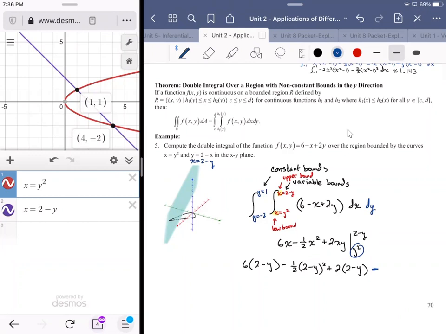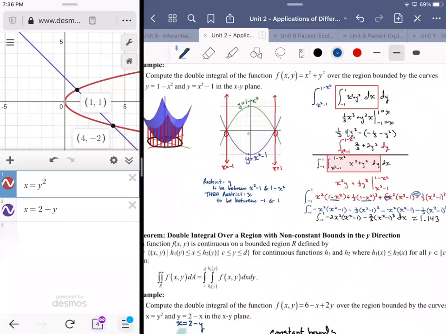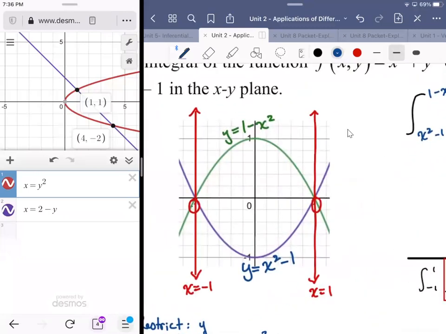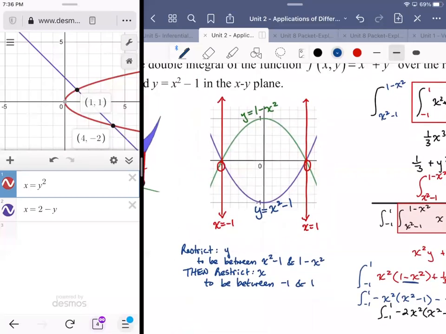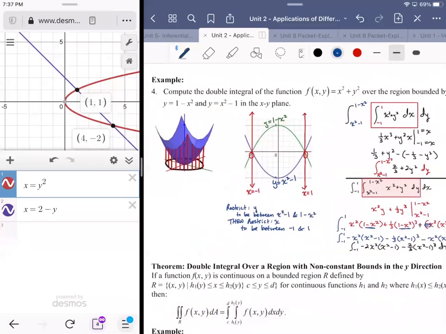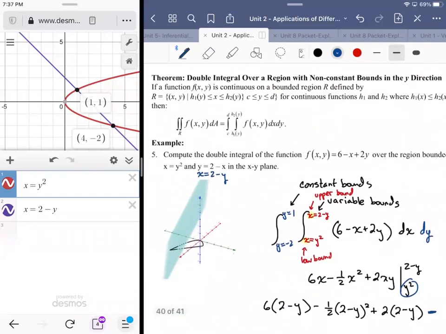So in the previous graph, it was pretty easy to see that the lower graph was the x squared minus 1, and the upper graph was the 1 minus x squared, because it was physically lower, higher, right? But when it's defined as x equals something in terms of y, then lower is more to the left and higher is more to the right, right?